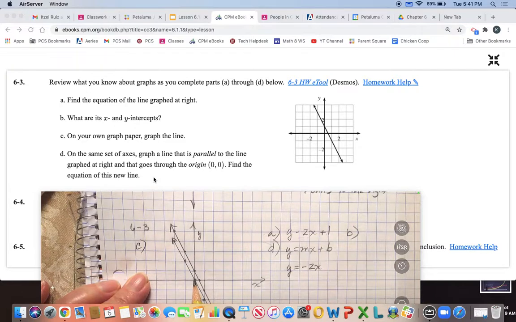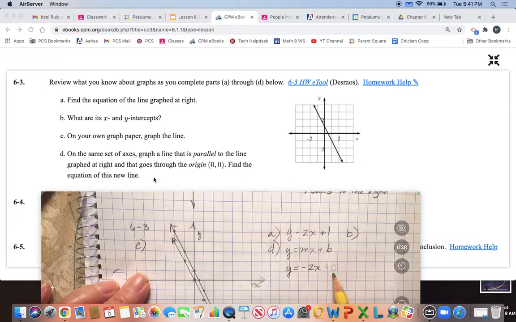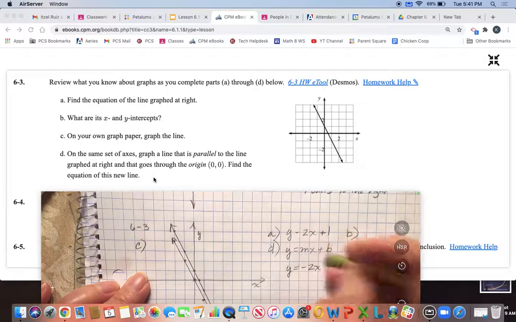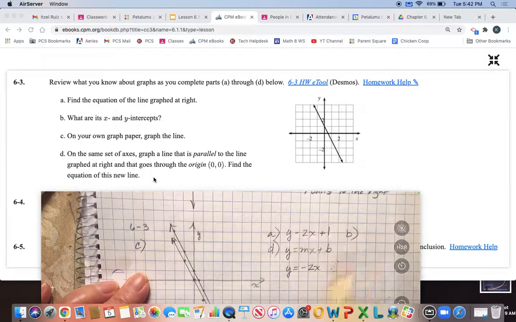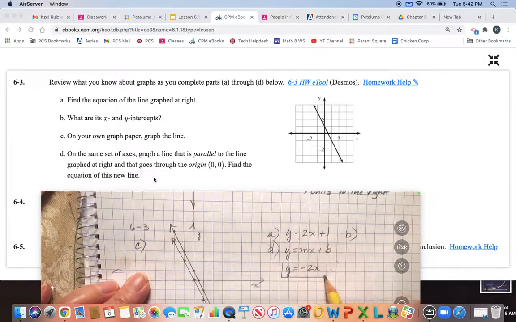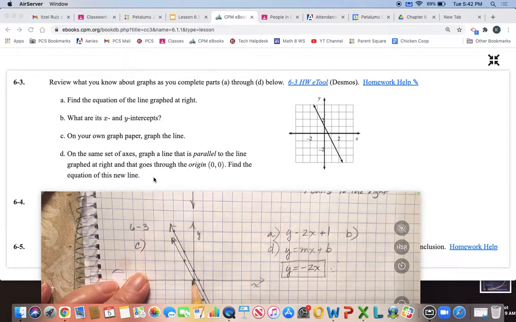The y-intercept is at 0, 0. And what I could do is write plus 0, but we don't really do that with equations. And so instead, I'm just going to leave that plus 0 off. And this is the equation for the line that's parallel to our original line that goes through 0, 0. It's y equals -2x.